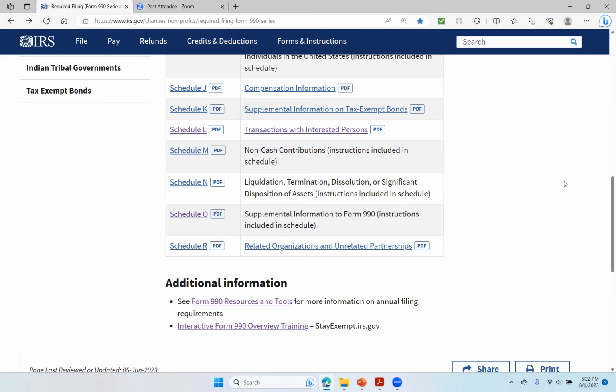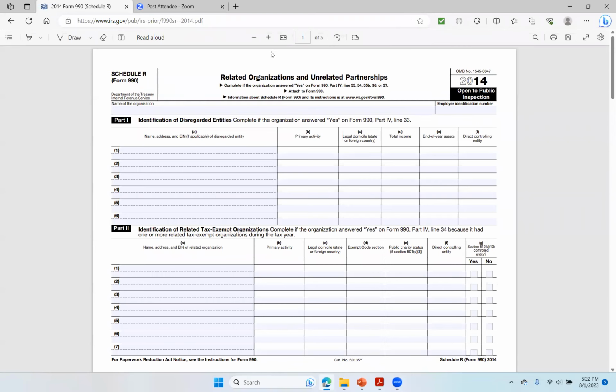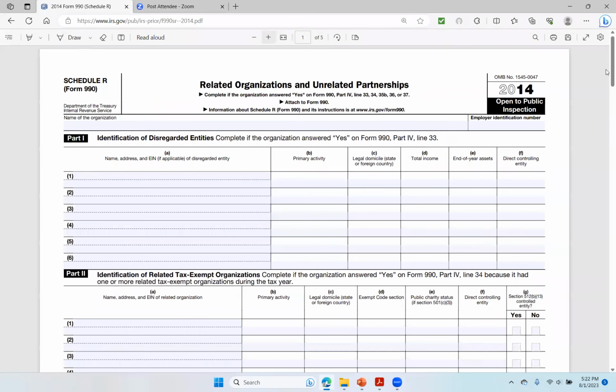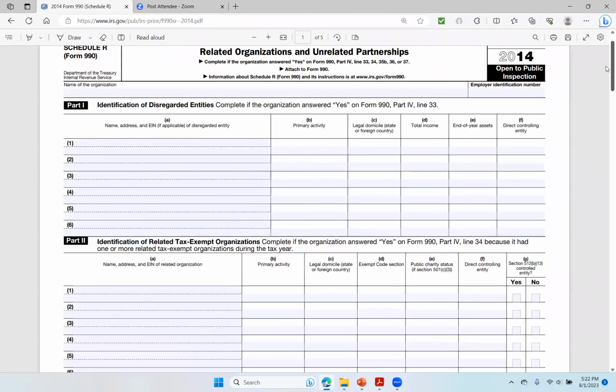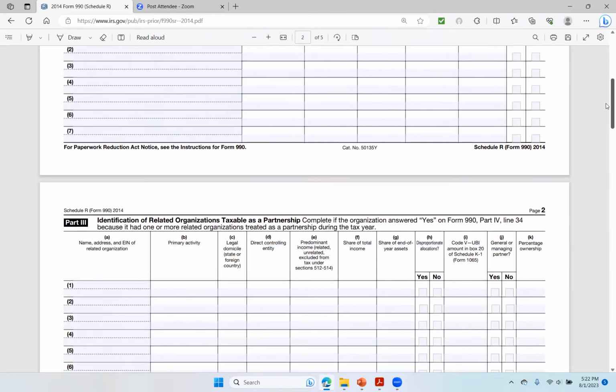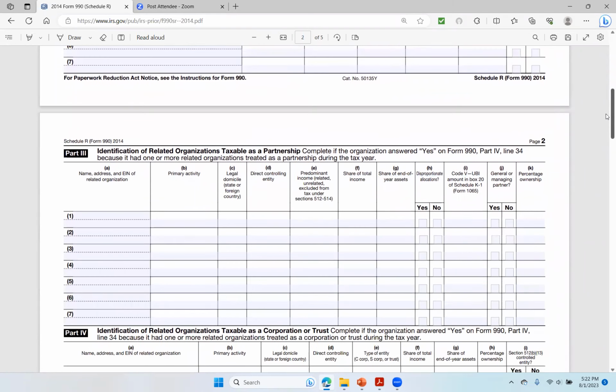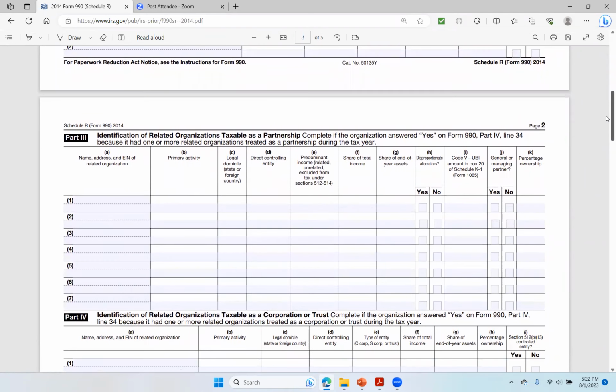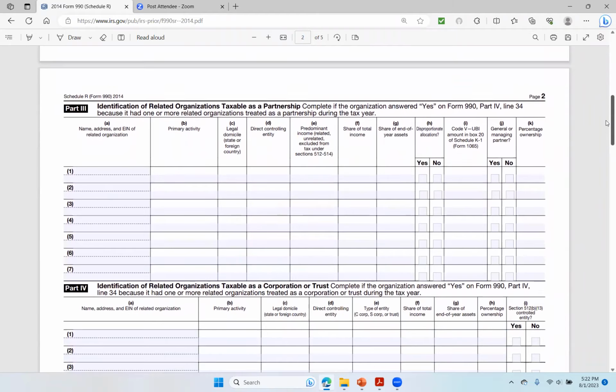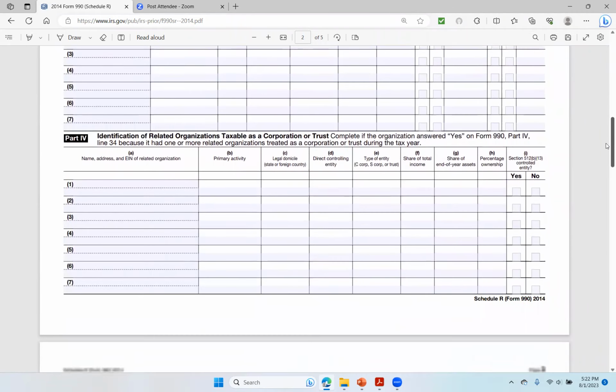The last schedule that I thought they should have completed was the Schedule R, Related Organizations and Unrelated Partnerships is what it's called. So this is what the Schedule R looks like. And this is where they should have gone in and provided information about those donations made to organizations that were exempt but didn't have a charitable status because they didn't have 501(c)(3) designation.